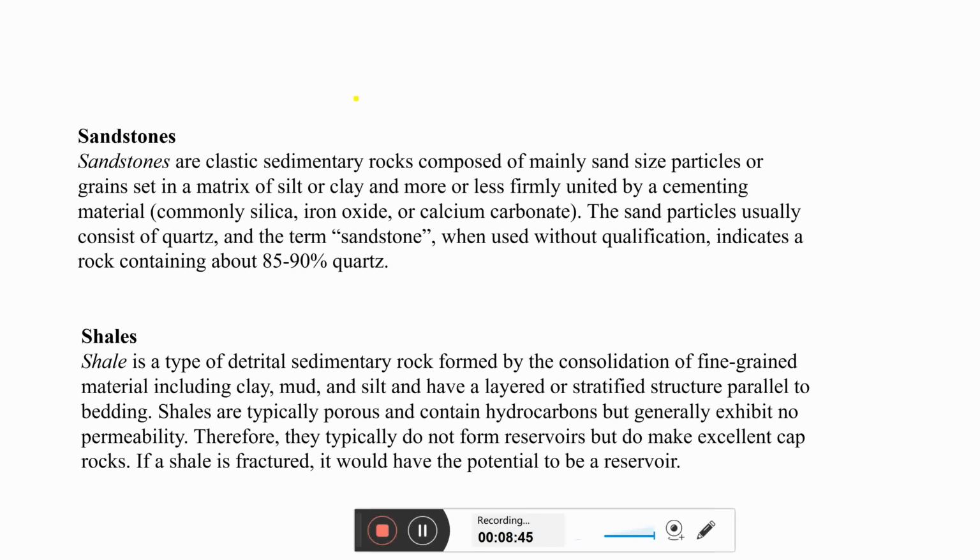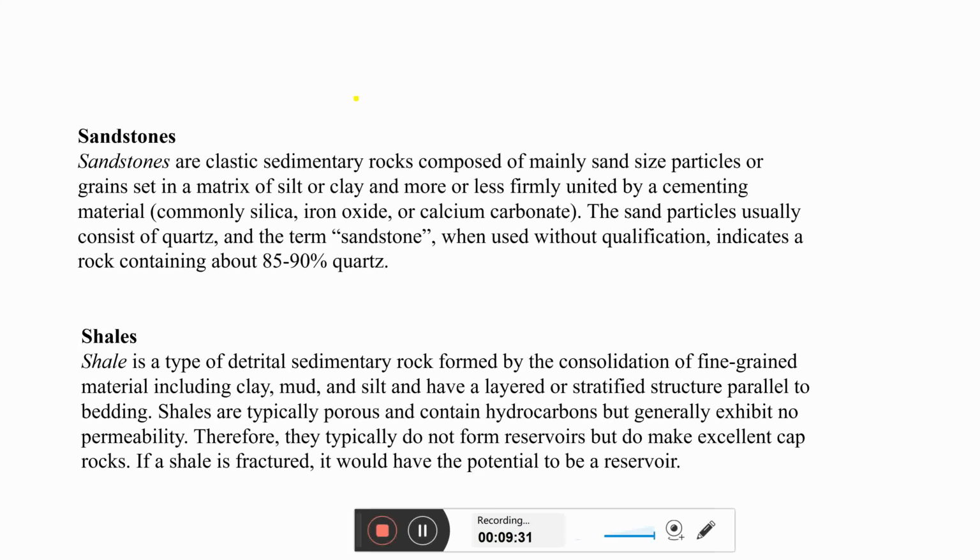Okay, in the last lecture, we also discussed a little about shale, where I think I mentioned it contained very low porosity, and I will add in those notes that some shale also have good porosity as well. So there is a possibility that shales are good porous, but permeability is very low or there is no permeability.